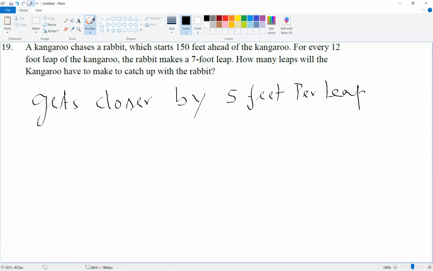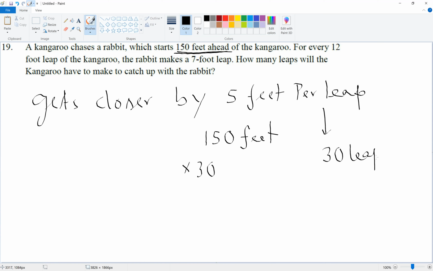Yeah. How many feet does it have to get closer? So I divide 5 by... You have to go 150 feet closer, correct? Yeah, which is multiplied by 30. So how many leaps will it take? Yeah, 30 leaps. That was an easy question.